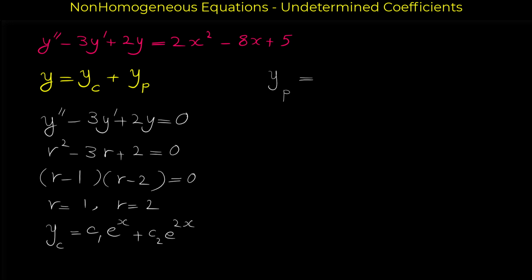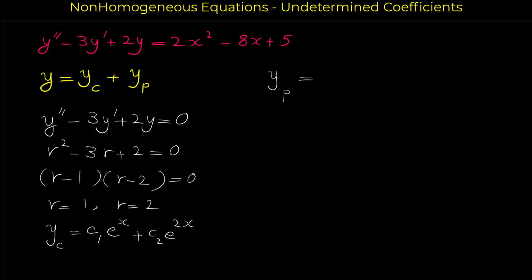The only function whose derivatives and itself can combine to equal this polynomial is a quadratic. So, because the right side is a quadratic function, we guess that the particular solution must be a quadratic function.